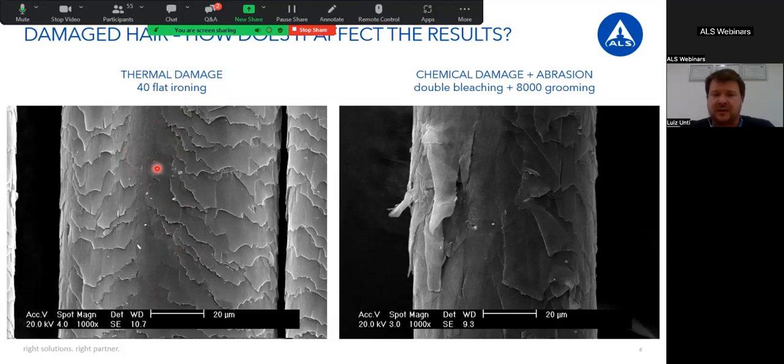So this is the second point that we have to pay attention to, because we can damage the hair too much. Sometimes we can have a good result for the treatment, but since we damaged the hair a lot, we are not able to show the difference because the initial condition, the damaged hair, was beyond repair. So this is the second most important point that we have to pay attention to.